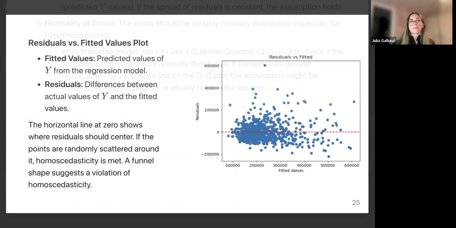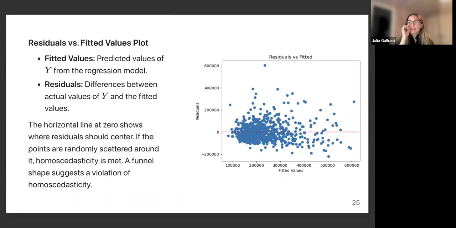Okay, so here's an example of this plot of residuals versus fitted values. Fitted values are the predicted values for our Y variable, for example, the predicted values for house price from our regression model. These are what the model estimates as the expected outcome based on our predictors.